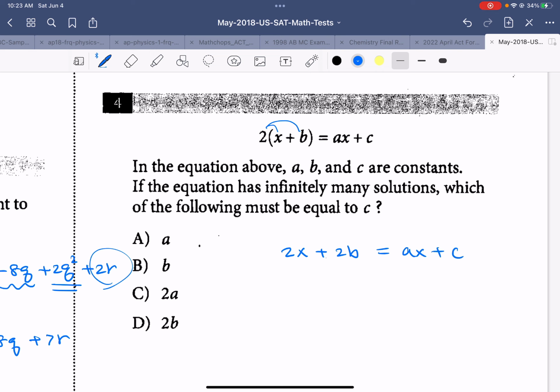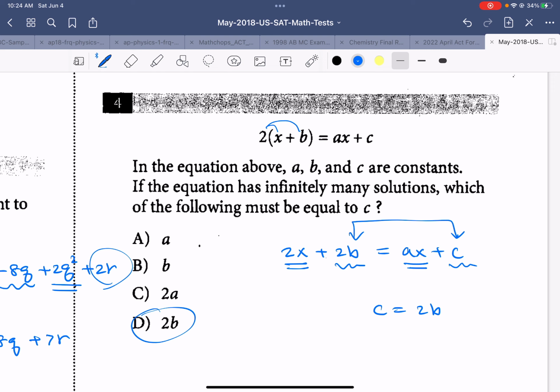Identical equation means all the variable terms should be the same as the other side's variable terms. And the constants should also be identical. They ask you only the c value. What is c equal to in terms of a or b? If you look at the constant term, c equals 2b.